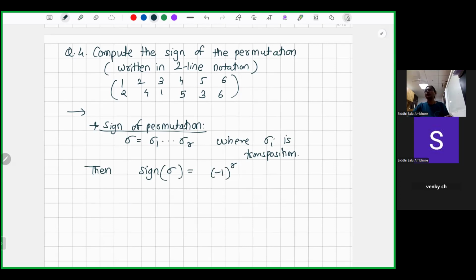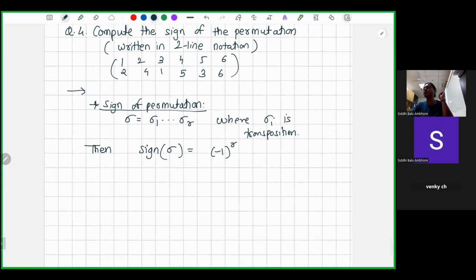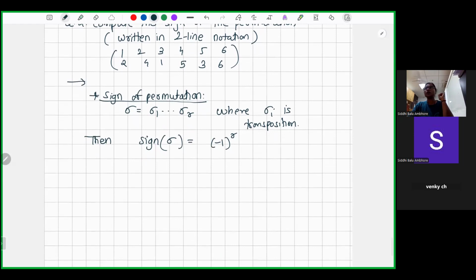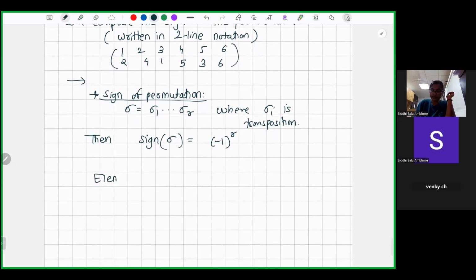So all the elements in the alternating group have the same sign, and that's even. Even permutation means elements in An: for any sigma in An, the sign of sigma is 1.